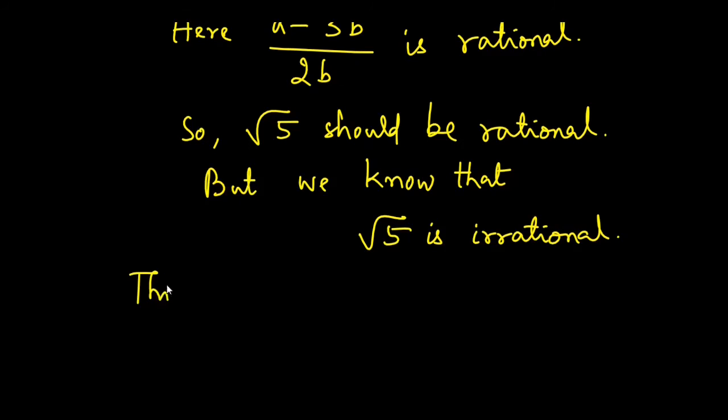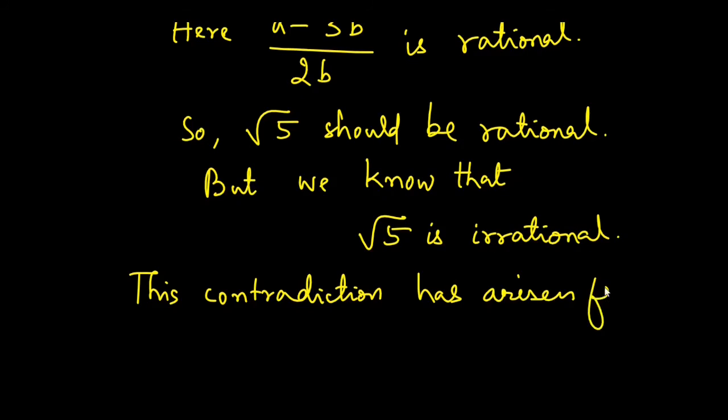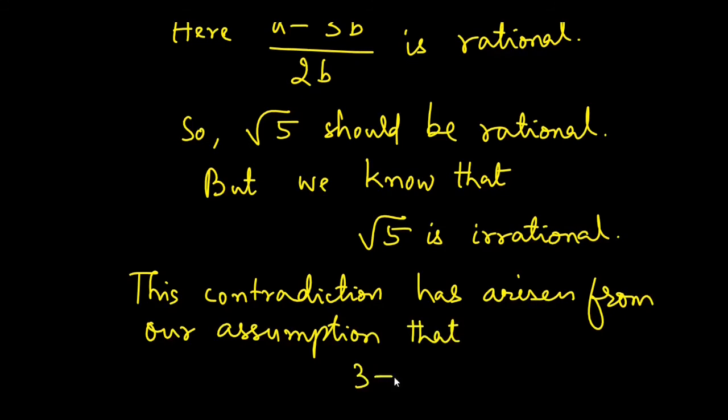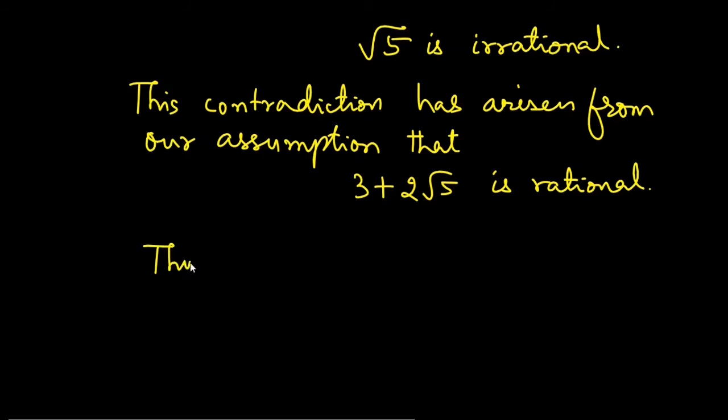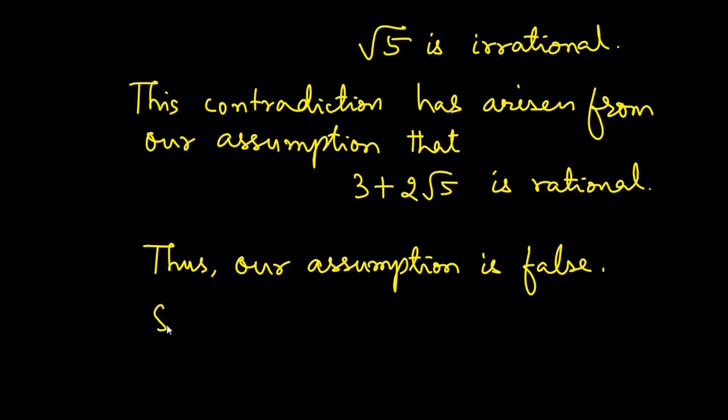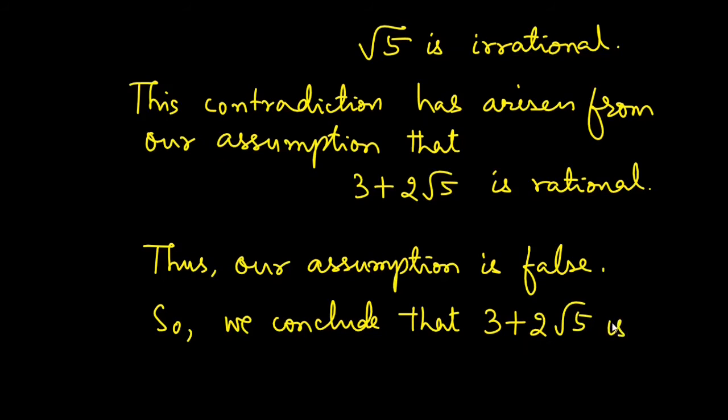This contradiction has arisen from our assumption that 3 plus 2 root 5 is rational. Thus, our assumption is false. So, we conclude that 3 plus 2 root 5 is irrational.